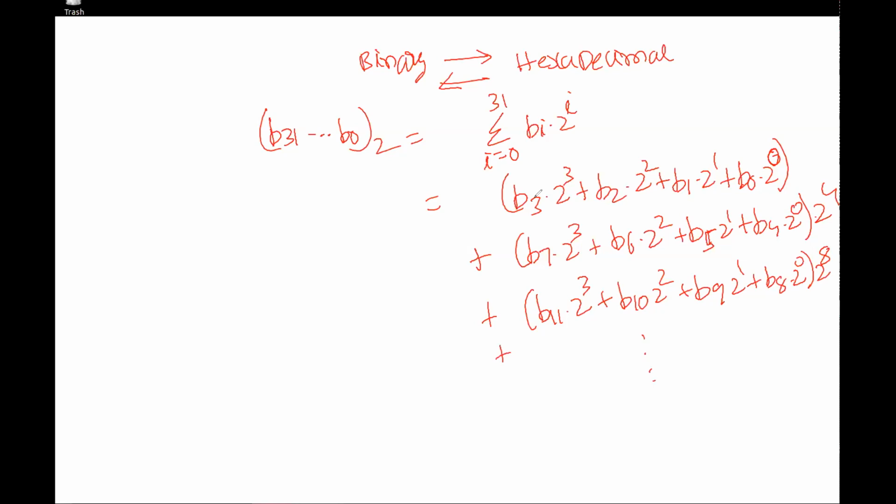If you look at the terms present here, they all lie in the range 0 to 15, right? So this 2 power 4 we can rewrite as 16, and this 2 power 8 is nothing but 16 square.